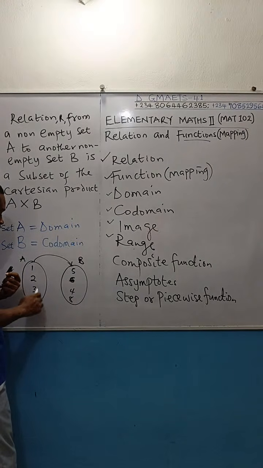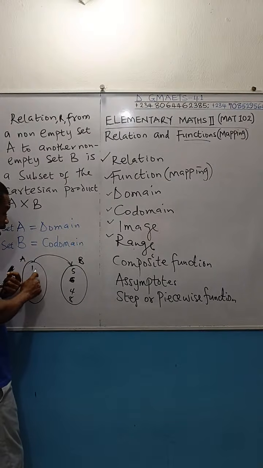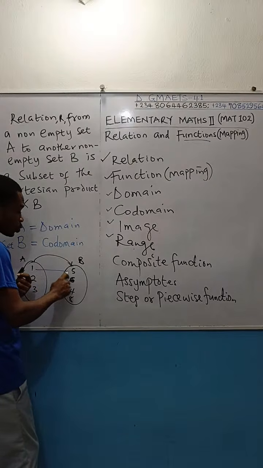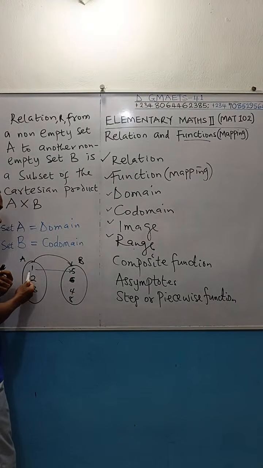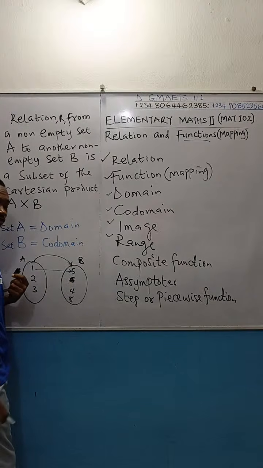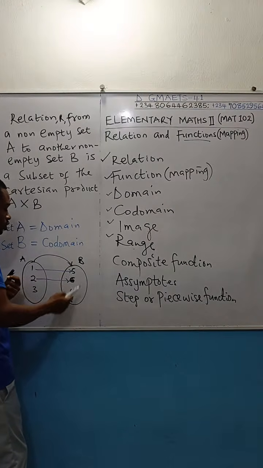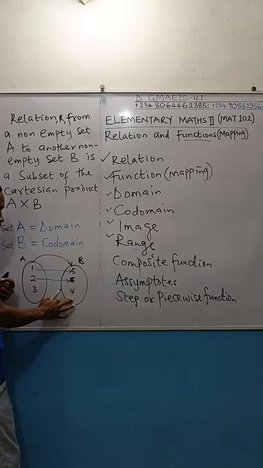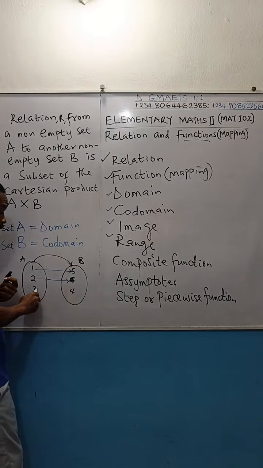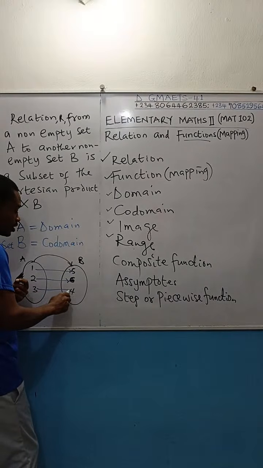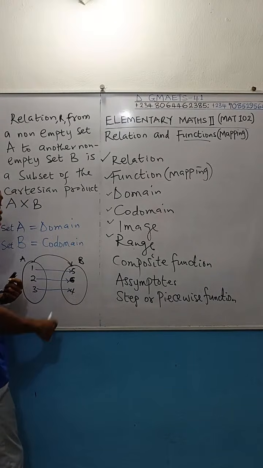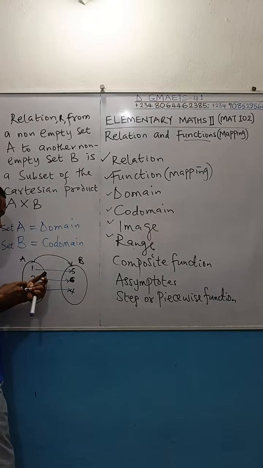Let us now say that I link this 1 to 5, which means that 1 produces 5. I link this 2 to 6. Let me wipe this 8. And I link this 3 to 4, which means 3 produces 4.